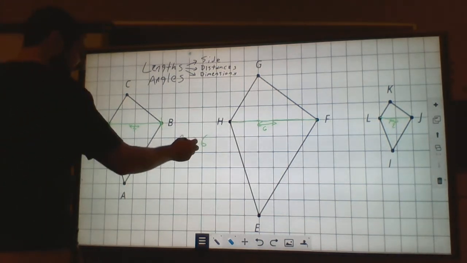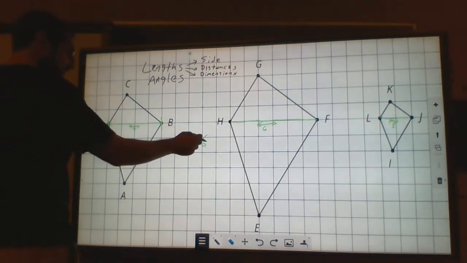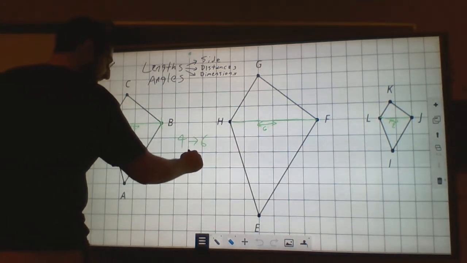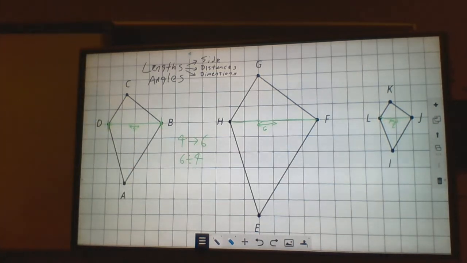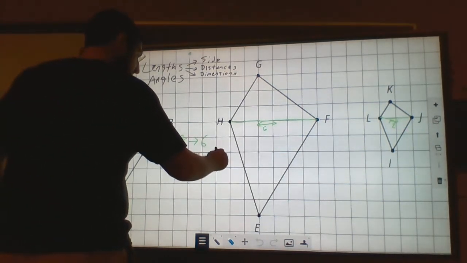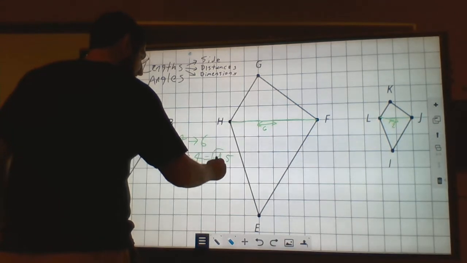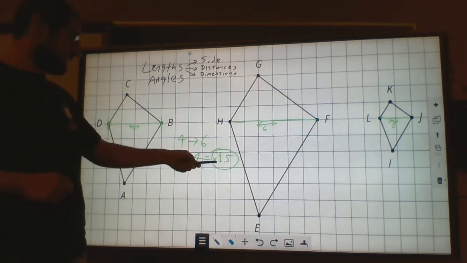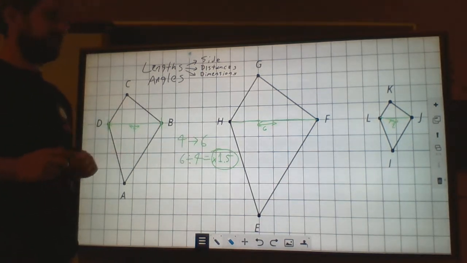So by dividing our new length by our old one, we end up with 6 divided by 4, or 6 over 4, if that helps. And that will get us to 1.5. And there's our scale factor. We could also say 3 over 2 if we wanted it in fraction form. So the scale factor, if this is in fact a scale copy, is increasing in size by a scale factor of 1.5.